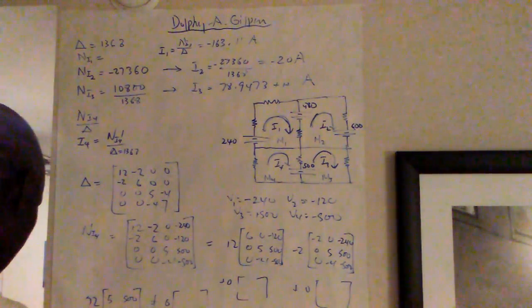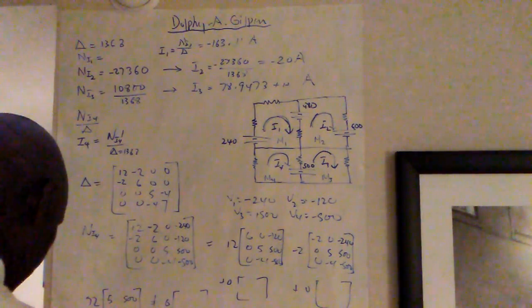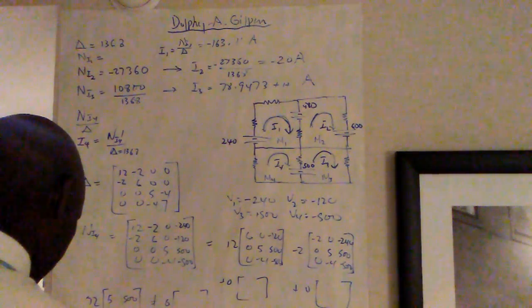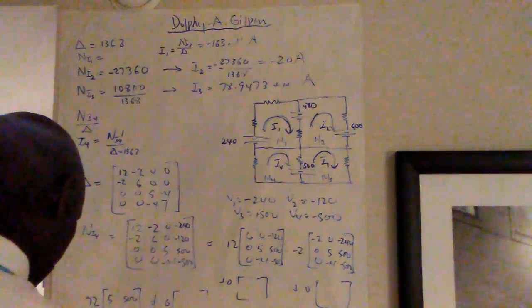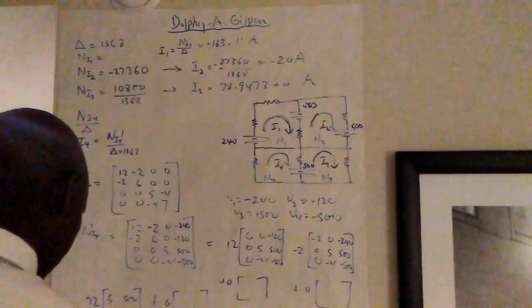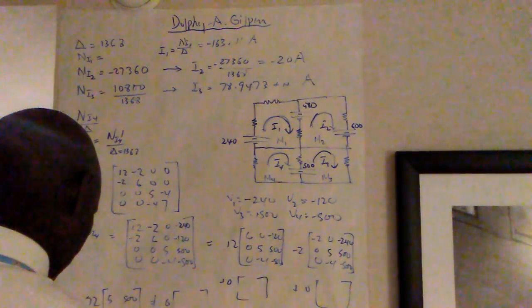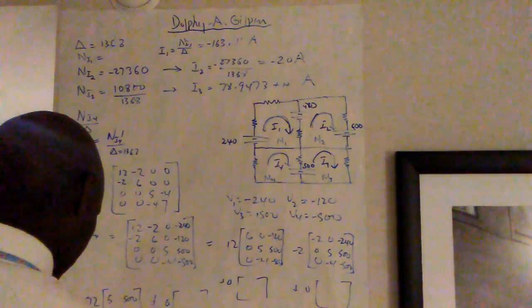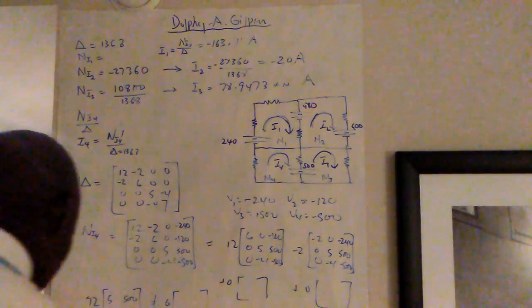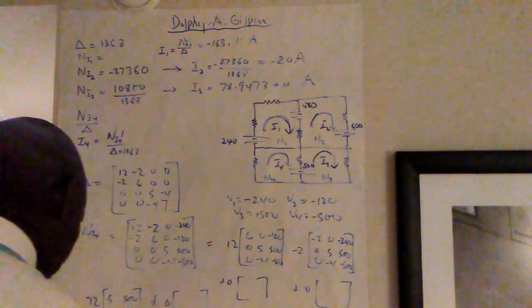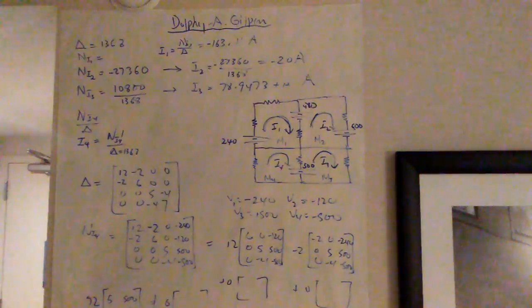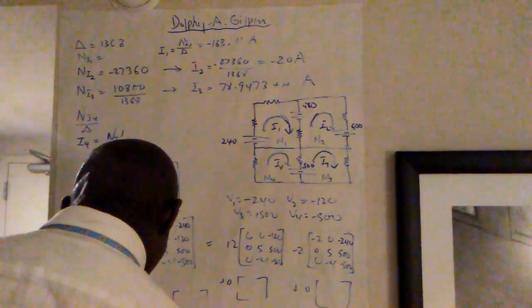So this section will give us 4 into minus 2000, minus 2500 rather. So that will give us minus 2000.